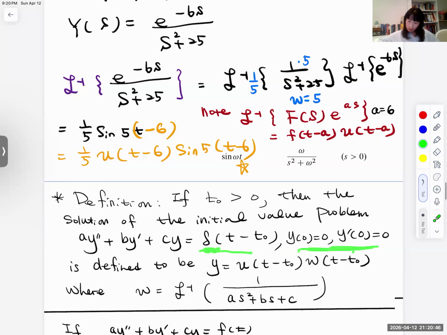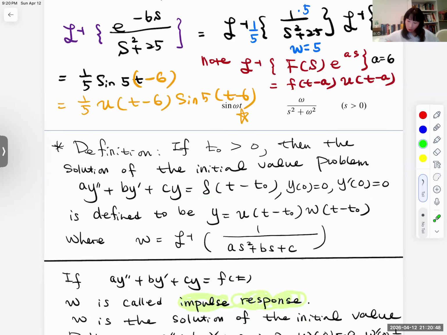Now we have the form u of t minus t naught, which is a, same as earlier, and we have omega. So how do you find omega? It is the inverse of 1 over a s squared plus b s plus c. So a, b, c from here, that's the definition.